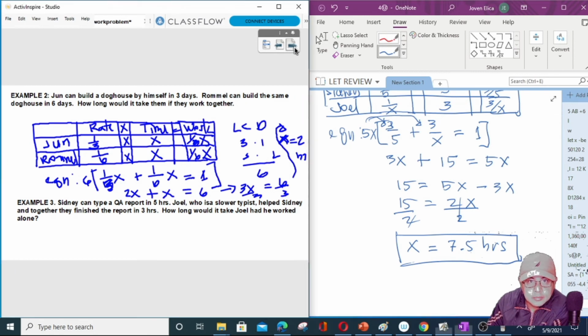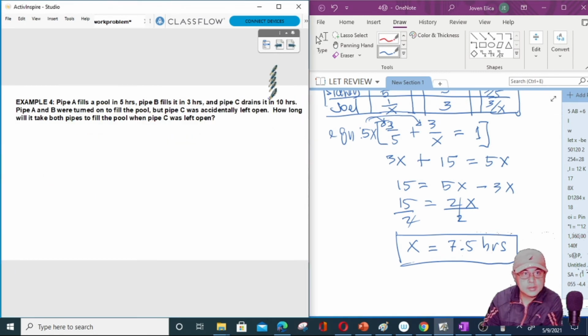So another example. Sometimes in work problems, the given is not always people working together, but there's a situation where, like this example, 2 pipes are open to fill the pool, and there is one outlet.